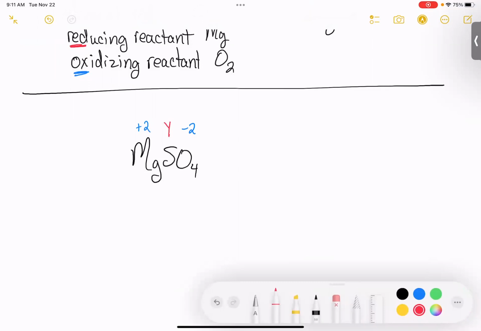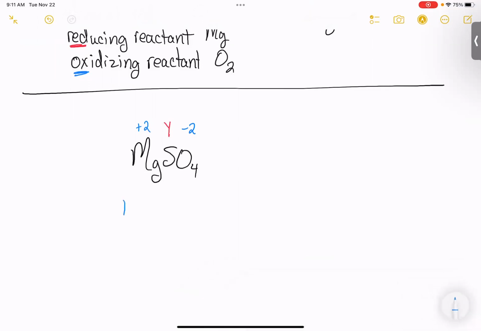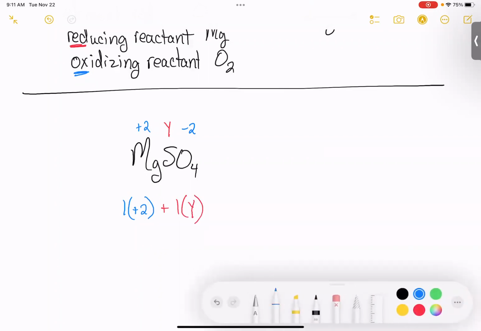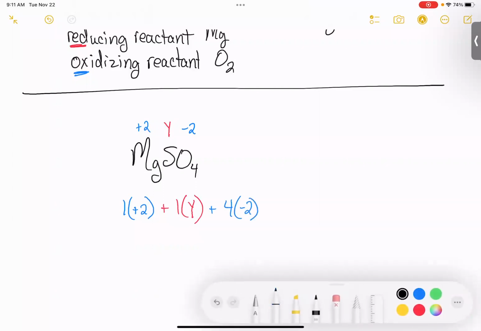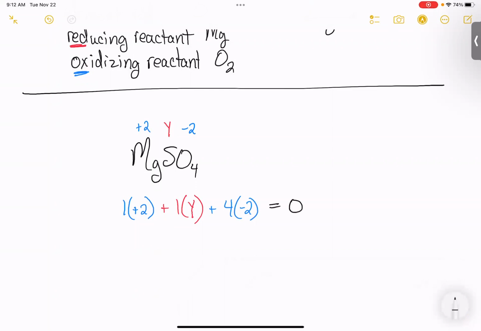So we have 1 magnesium times a +2 charge. We have 1 sulfur times Y. And we have 4 oxygens times a -2. And this equation is going to be set equal to 0 because magnesium sulfate is a neutral compound.